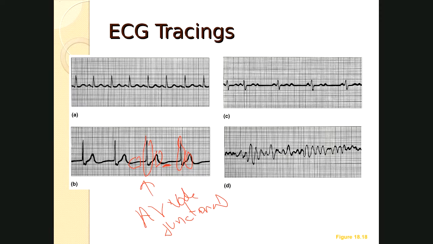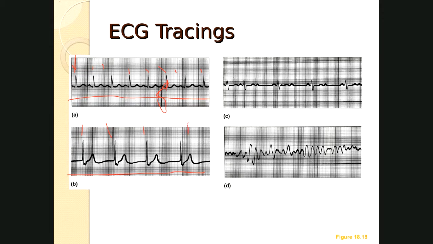And look how much slower this heart rate is than this one is. So in the same space, look, I count 1, 2, 3, 4, 5, 6, 7, 8 in that space. But here there's only 1, 2, 3, 4. So this person's heart rate is really just about half this person's heart rate, or about half normal.